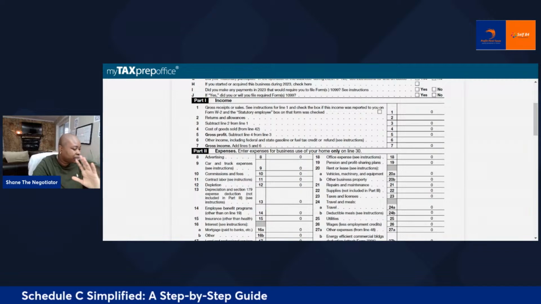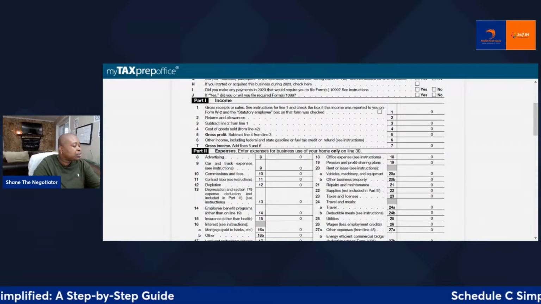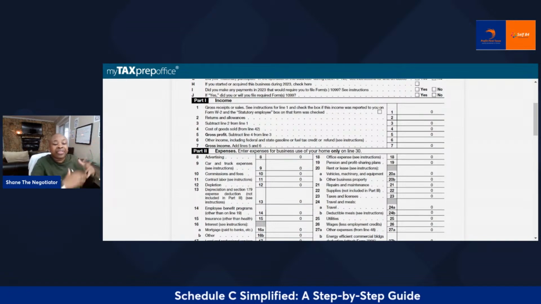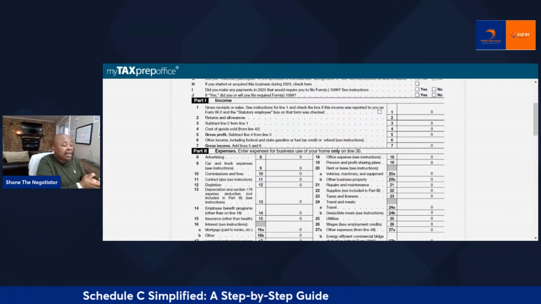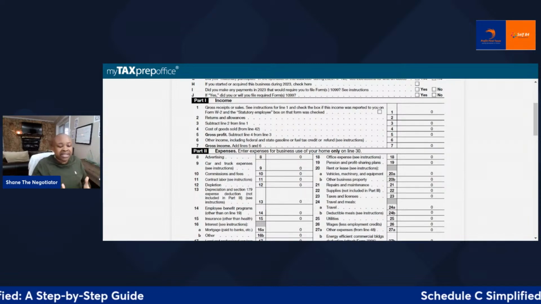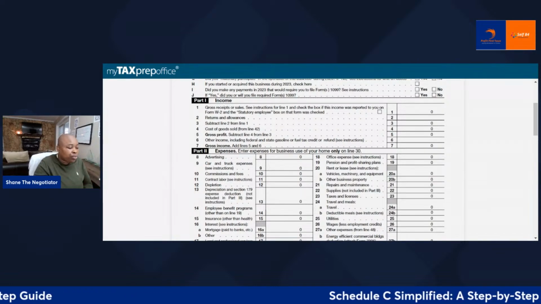This one, you don't worry about right now. We go to line 7. Number 7 is the gross income. So you add any other income that you would have had. If you had your income for your business, then you have the total there.